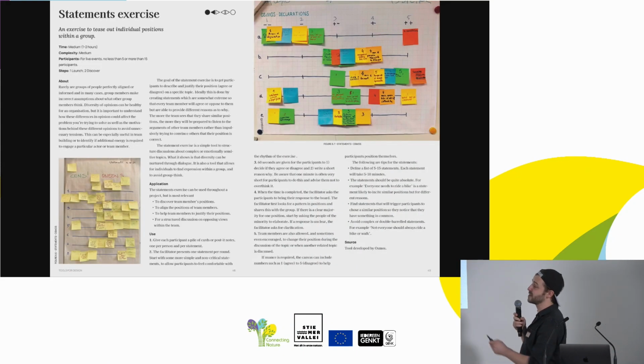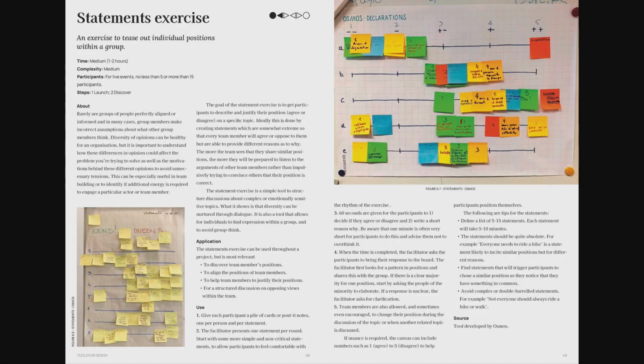Then, my favorite exercise is actually the statement exercise. This is a good way to discuss the elephants in the room. Every project starts with people who have certain expectations. You read a specific brief, and when a brief or a tender is written, it's done in a very short way, very fast.